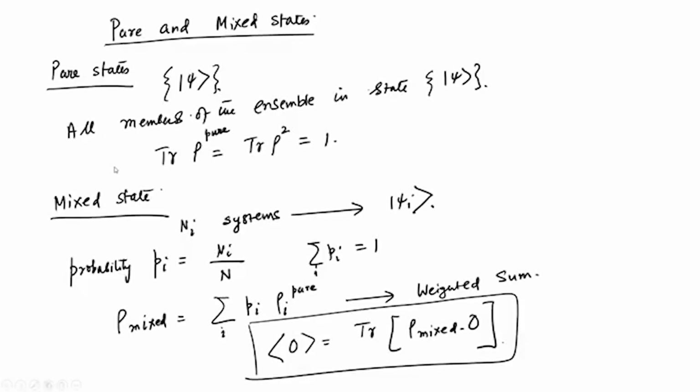I am writing it sometimes on top and sometimes below, but please do follow the same. So, let us write mixed here. So, this is the trace of rho mixed into O, not P. Okay. So, that is the expectation value of the operator.